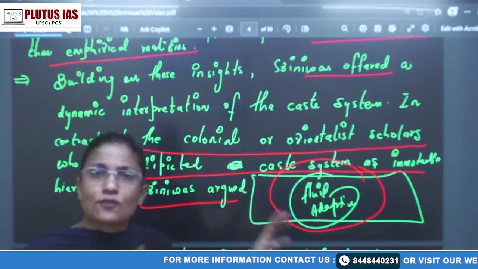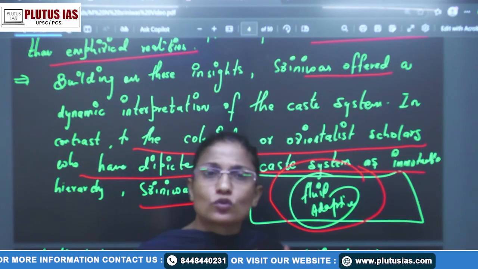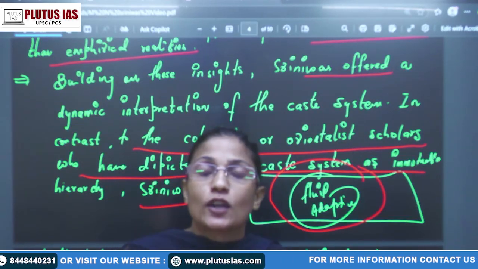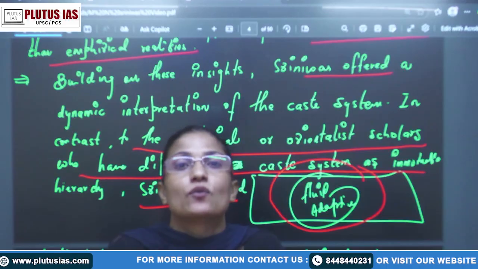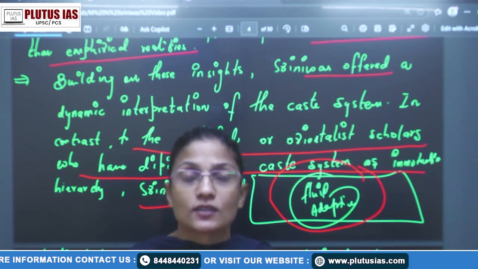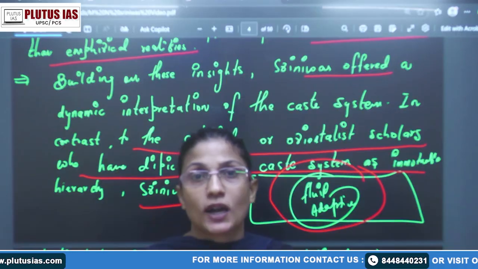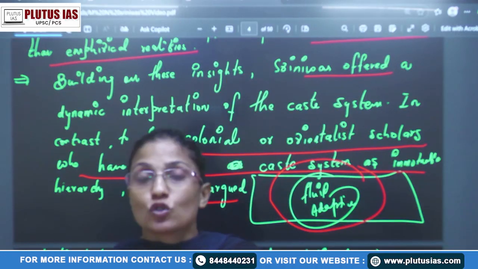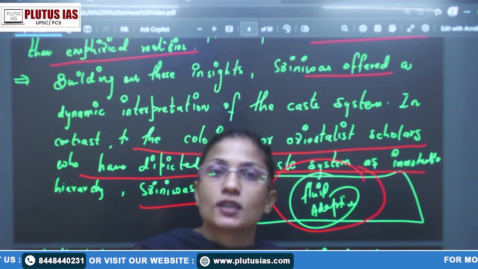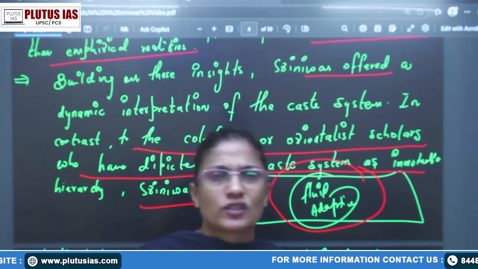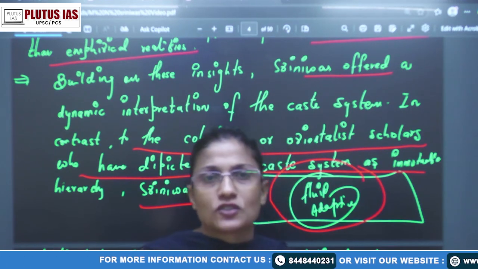M.N. Srinivas was a social anthropologist. That's why you would see that the tradition of field work and empirical evidence he borrowed from Radcliffe-Brown and Evans-Pritchard. So his approach was anthropological, but definitely there is no difference between social anthropology and sociology.